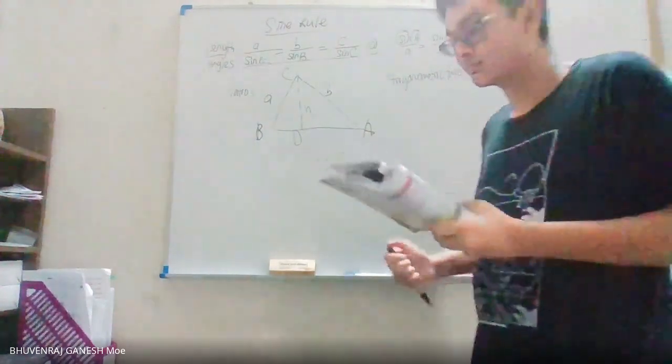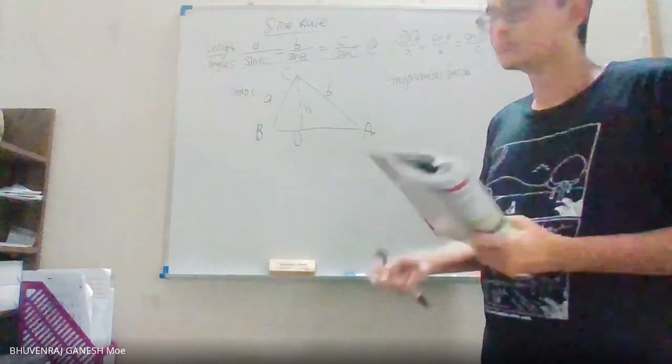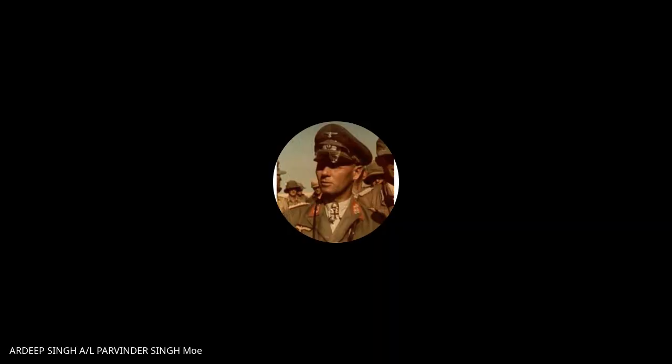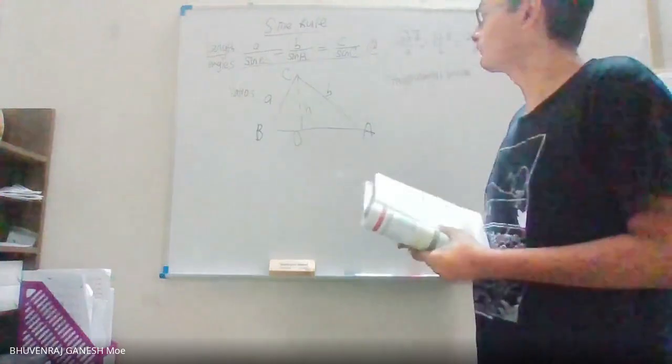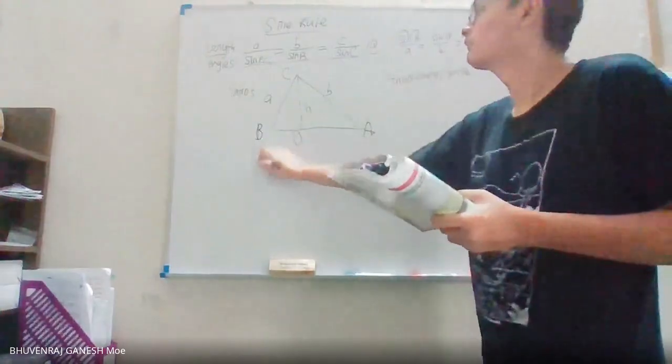Yeah, correct. What type of angle: acute, right, or obtuse? It's not a right angle because it's not 90 degrees. It's an acute triangle.